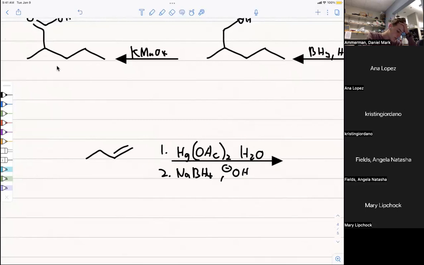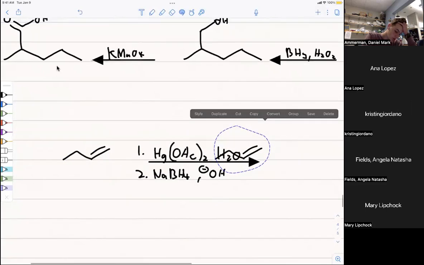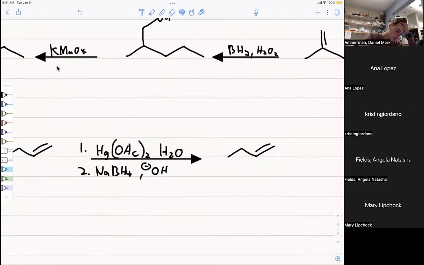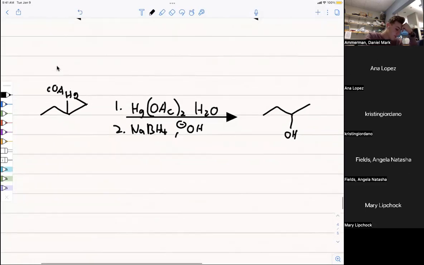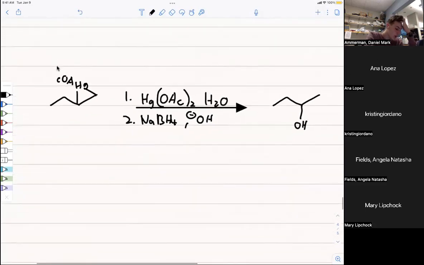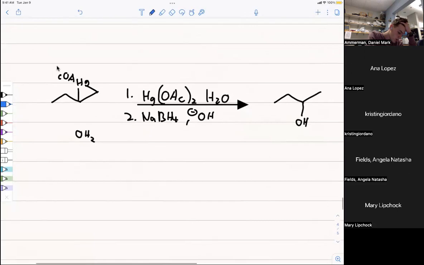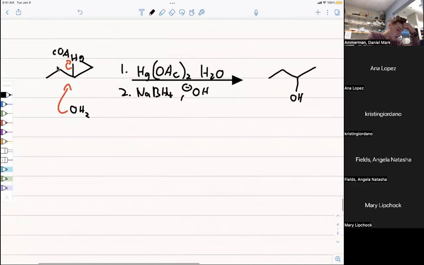What just happens is, if it's multiple choice, go straight to the product. It is straight to this, where the OH is on the more substituted side. How it works is you'll get this in the middle, it'll add, and you'll get Hg and OAc on this side, and then the H2O comes and adds on this side, and this will go up.